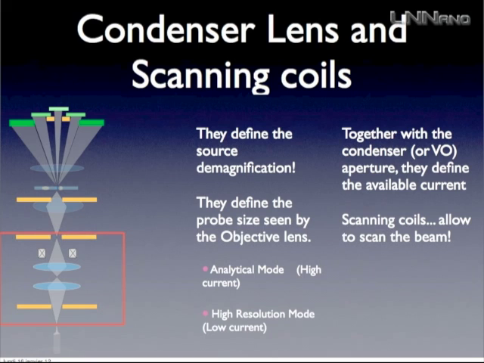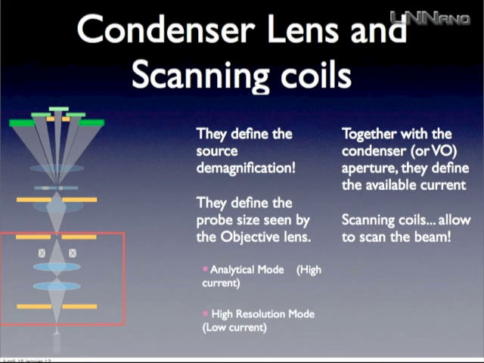So you have 3 different variables. That's why nowadays you have at least 3 different condensers, so that you can tune the probe size, the angle of incidence, and the current independently by a combination of the 3 different condensers.